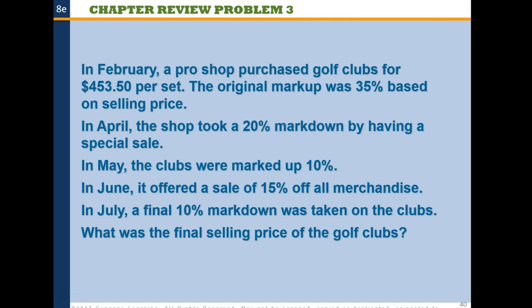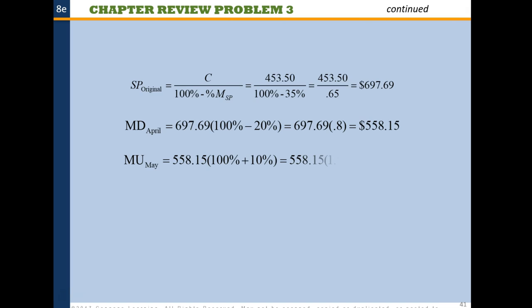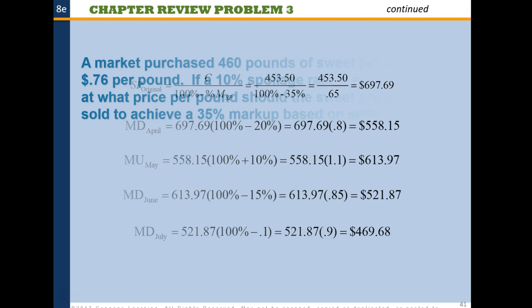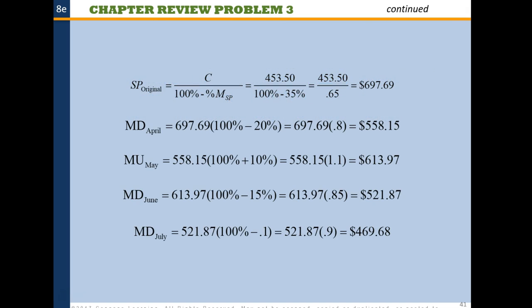So here is a markup and markdown problem. And the answers, June, July. So here are the answers. The original price should be calculated at $697.69.